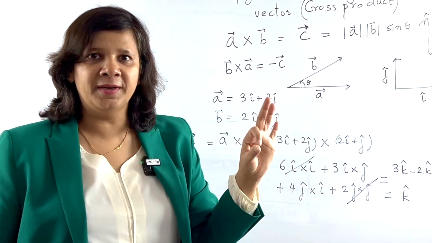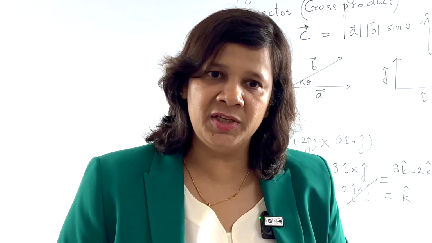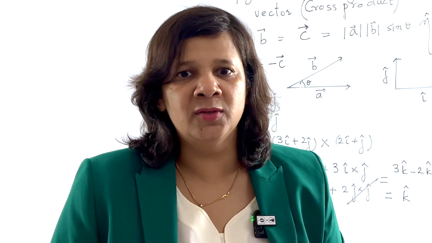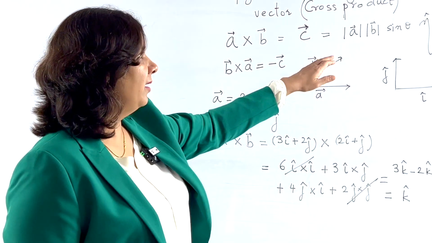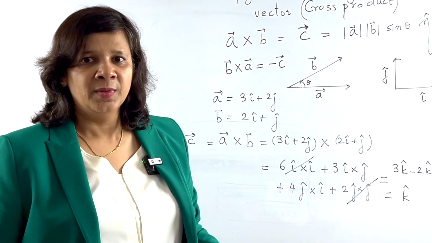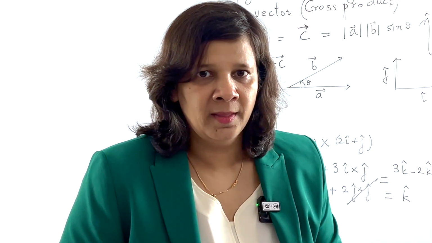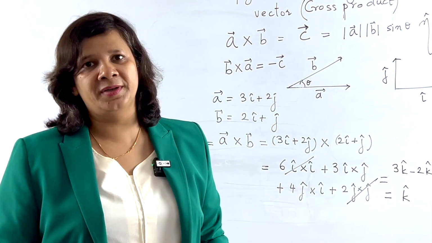We can see from the definitions of dot product and cross product that if two vectors are perpendicular to each other, their dot product is 0, and if the two vectors are parallel to each other, their cross product is 0. Okay. So, using all these definitions, we can define many quantities in physics.